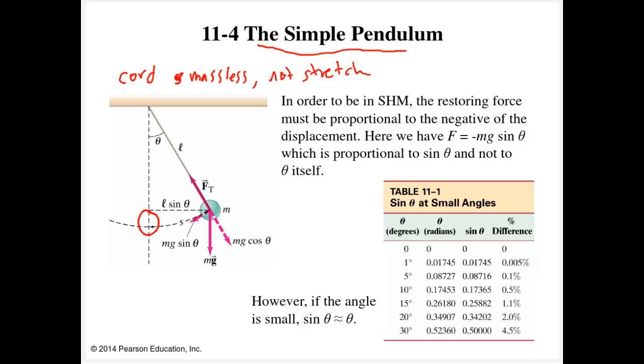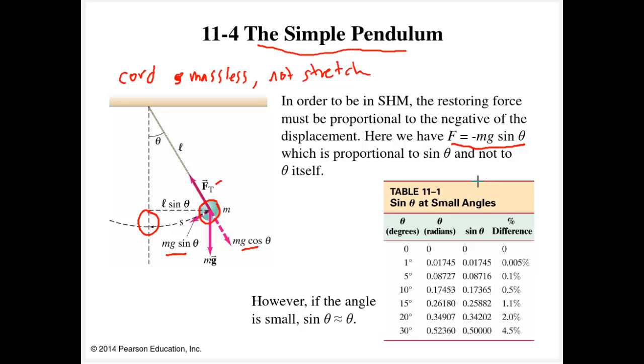And if we take that mass and bring it off to the side over there, we can break the forces up into components. We'll have the mass and gravity cosine theta be equal to the tensional force, and the force that is returning it to the equilibrium point is actually going to be mass times gravity times sine of theta.